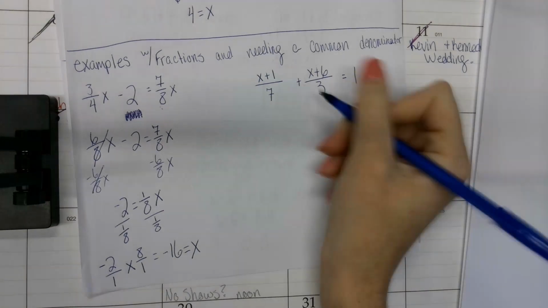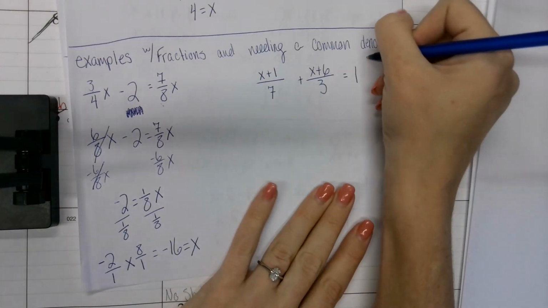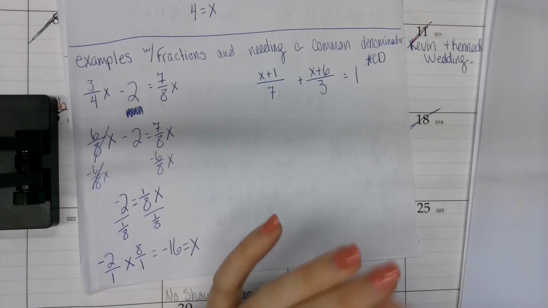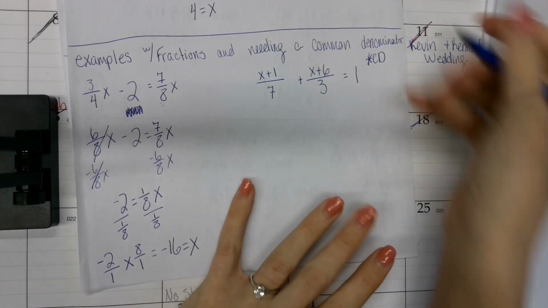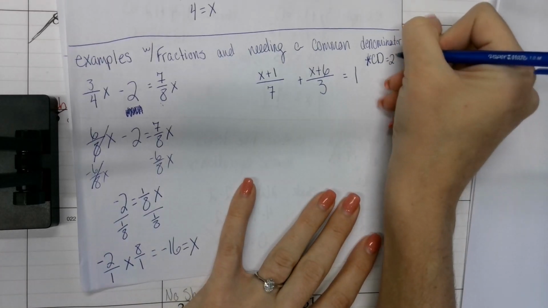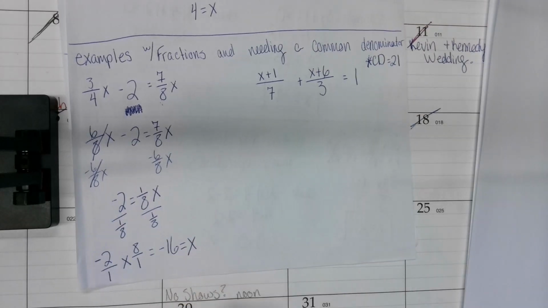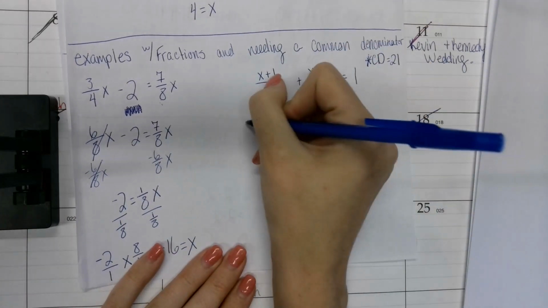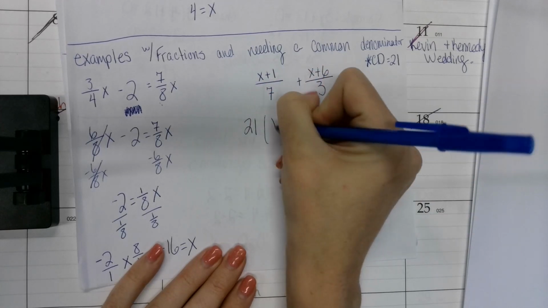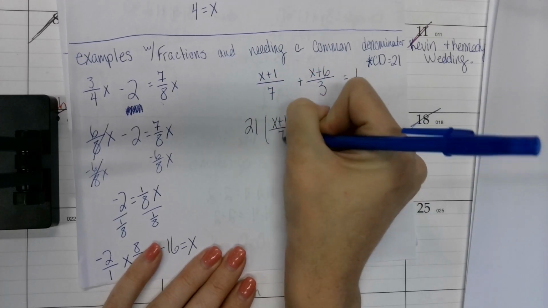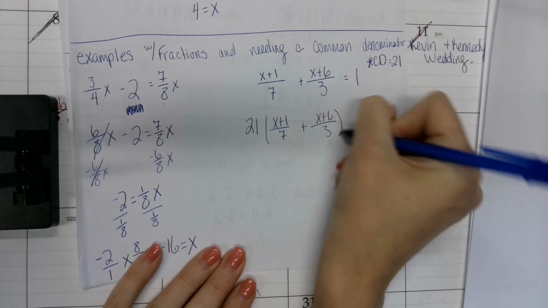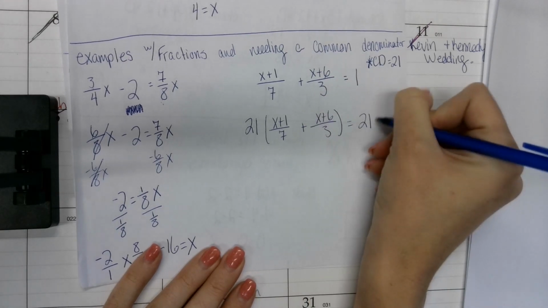Alright, now on this one, we need to find our common denominator. And our common denominator between 7 and 3 is going to be 21. So I'm going to multiply everything by 21 on both sides.